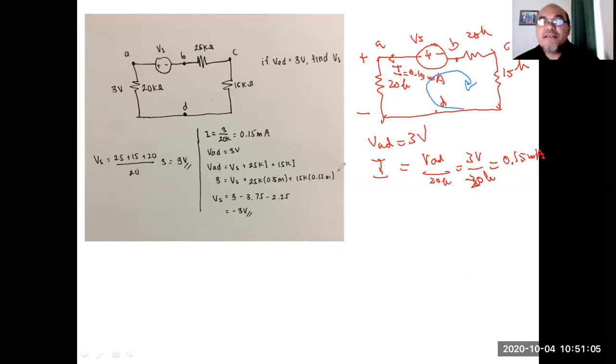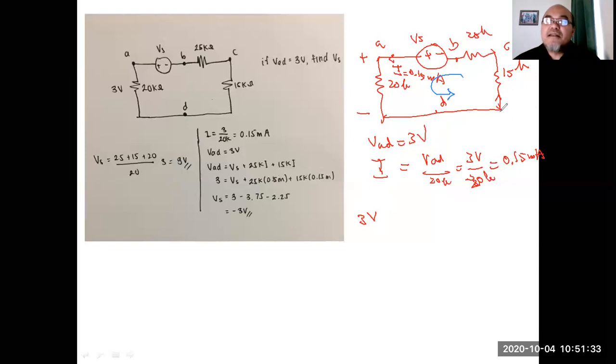Or no, just the same as the current's direction, so the counterclockwise direction, starting from the AD. So VAD is 3 volt, because it follows the passive sign convention. Then here, according to this, the current is flowing like this.